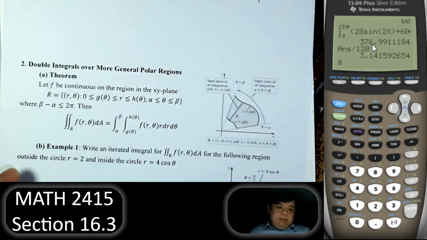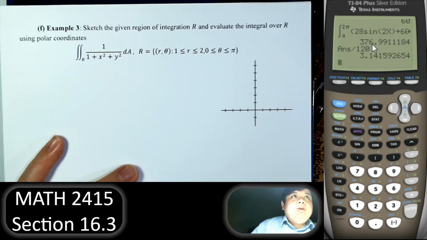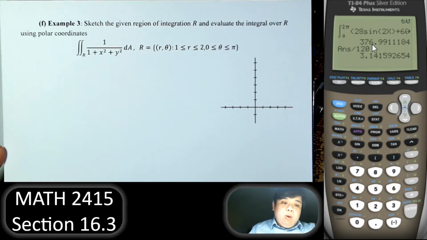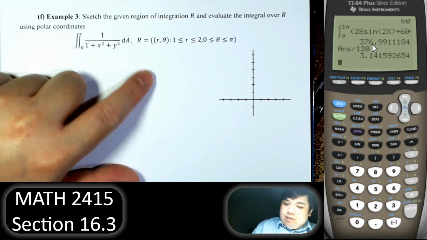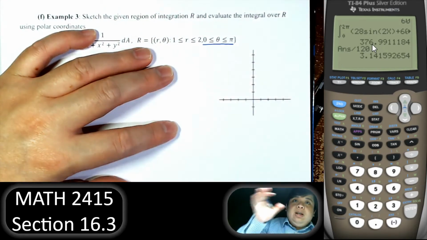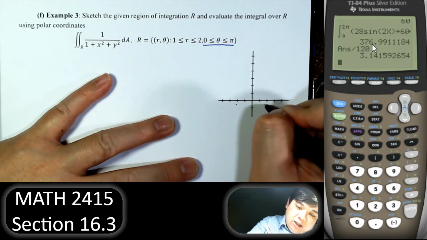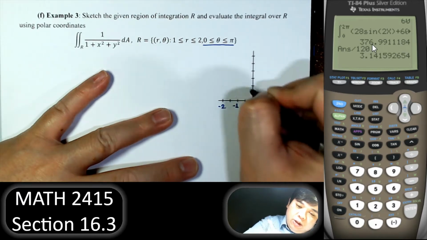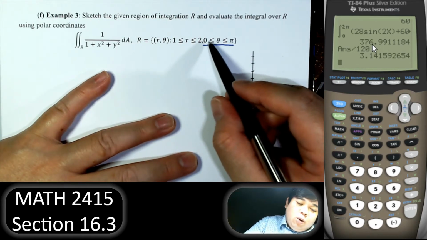More sample. Now we have this one. Sketch the region, evaluate the integral over R using polar coordinates. So we're going to use polar coordinates. First R, the radius between 1 and 2. But the angle only from 0 to pi. So we talk about quadrant 1 and quadrant 2. So radius 1 and 2, and then angle from 0 to pi.